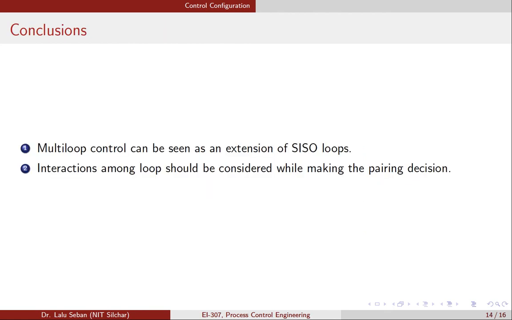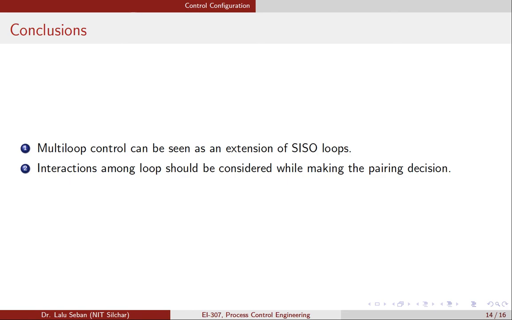Now, let us conclude this lecture. We have seen multivariable process, centralized control, and decentralized control. And what we have seen is that decentralized control or multi-loop control is an extension of single input single output control loops.